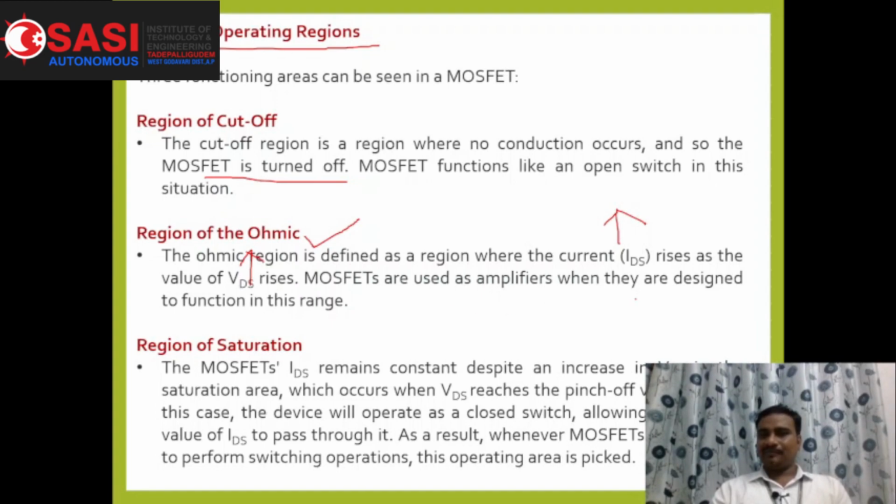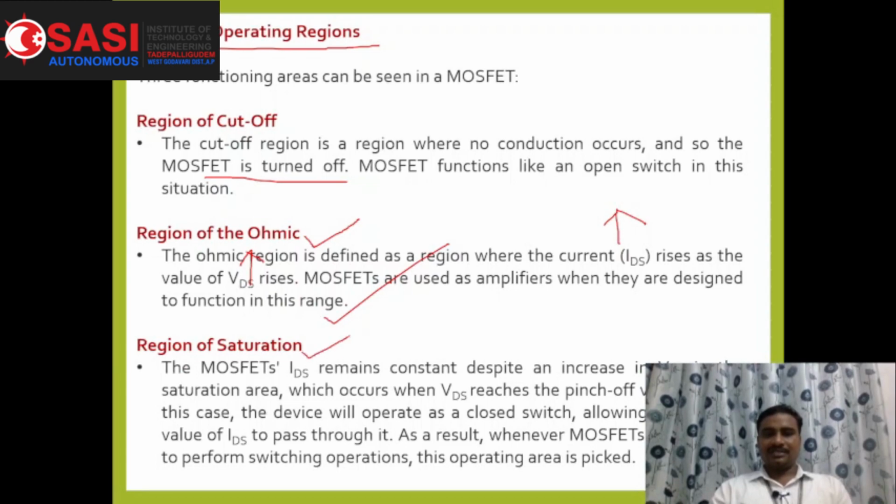MOSFETs are used as amplifiers when they are designed to function in this range. Whenever the MOSFET is working in the ohmic region, or active region you can say, it is taken as an amplifier.